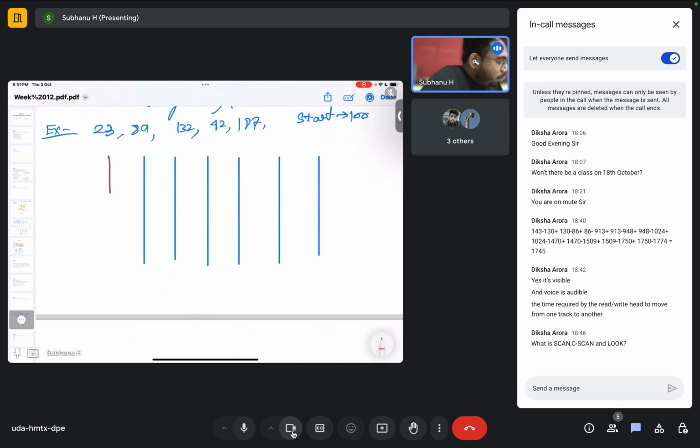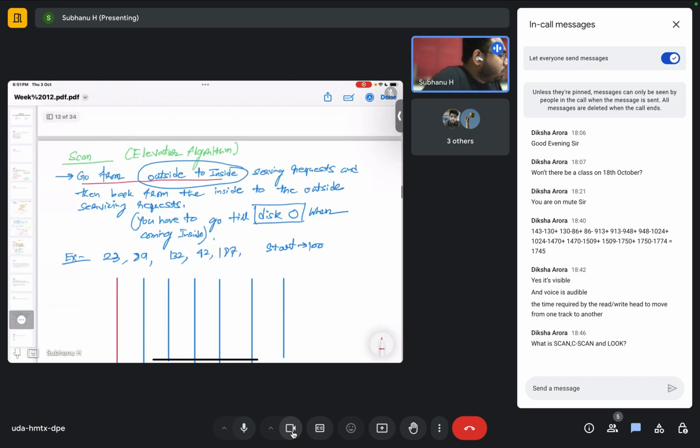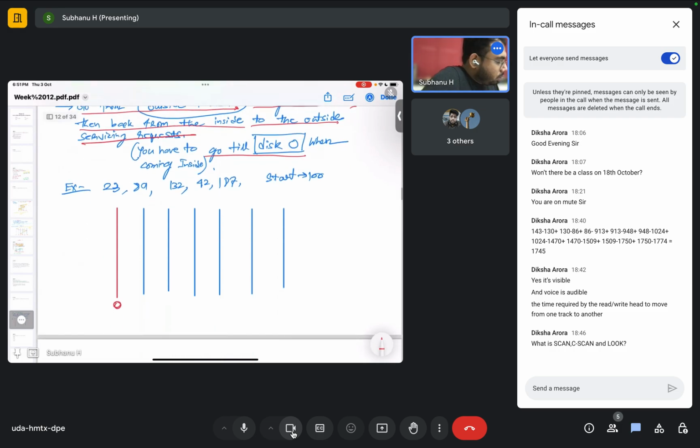Along with that I have to make an additional bar for 0, because the algorithm says go from outside to inside servicing requests and then back from the inside to the outside servicing requests. So you have to go till disk 0. So I have 23, 42, 89, 100, 132, 187. This is 100, and we'll be starting from one side only.